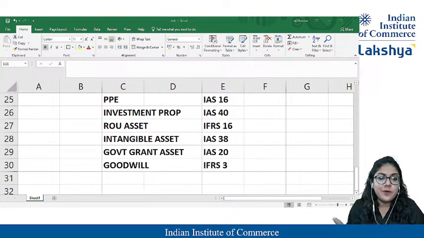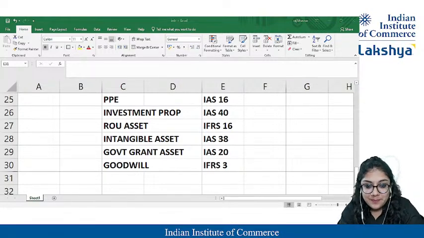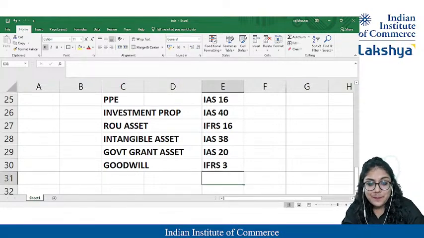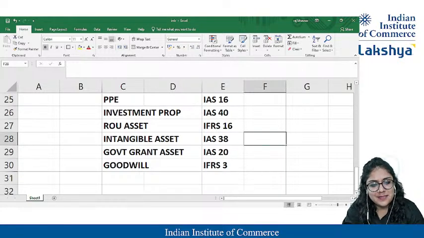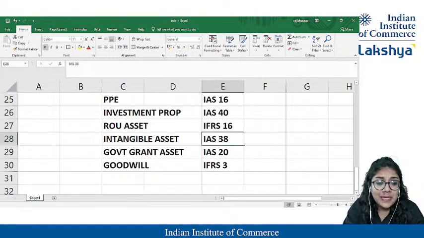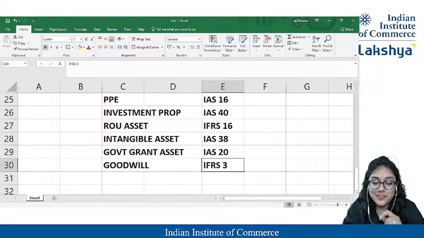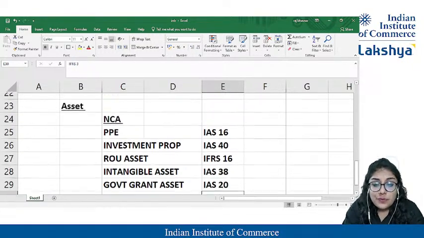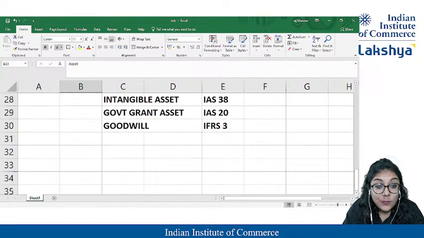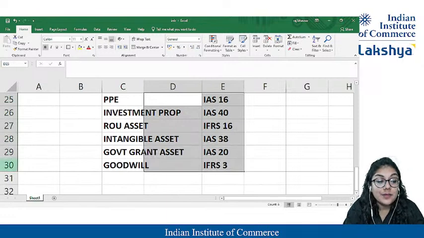Okay. Before moving ahead, I would like to show something. In intangible assets, IAS 38 is covered, and a portion of goodwill is to be understood and reported as per IFRS 3. So for just assets, we have so many standards.